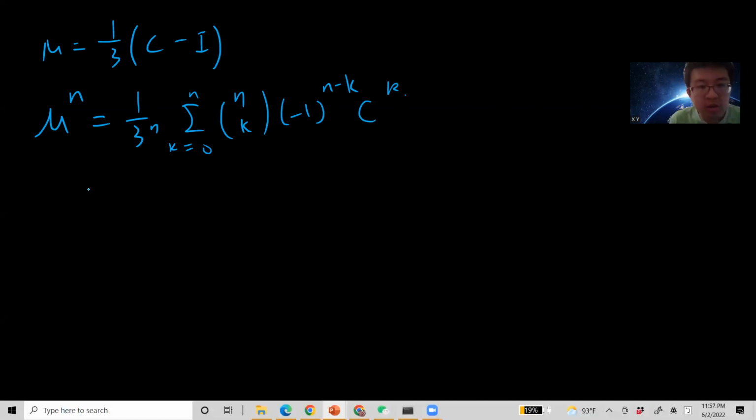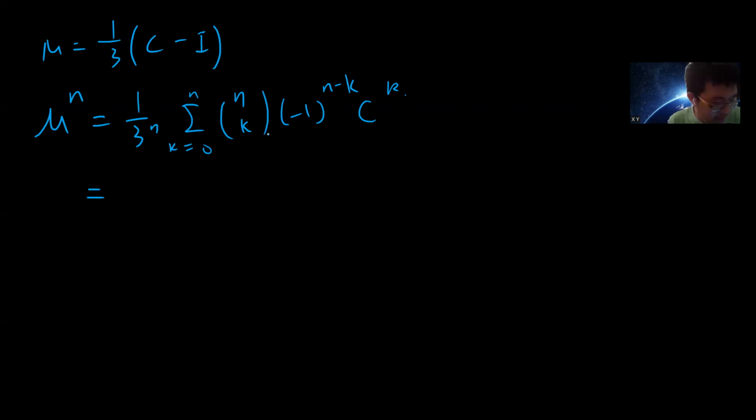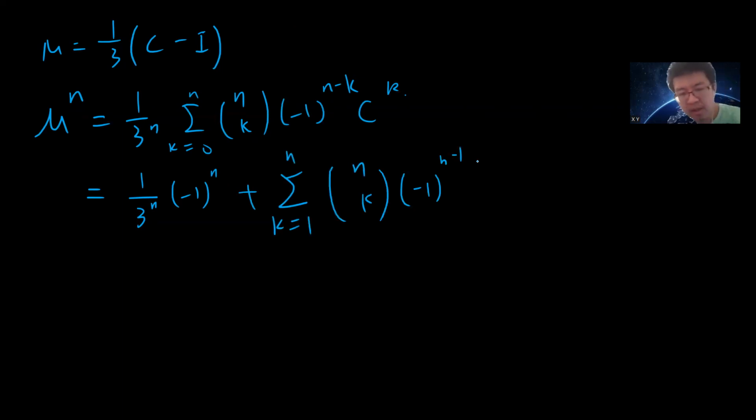Now let's take out the k equals 0 term. For k equals 0, I get (-1) to the n divided by 3 to the n, with identity. Let me write down the rest of the terms.